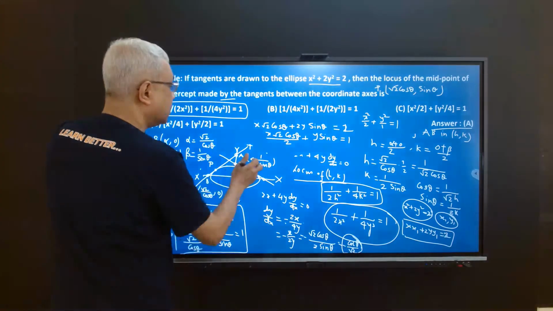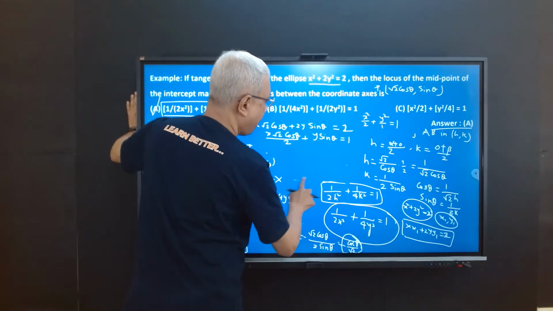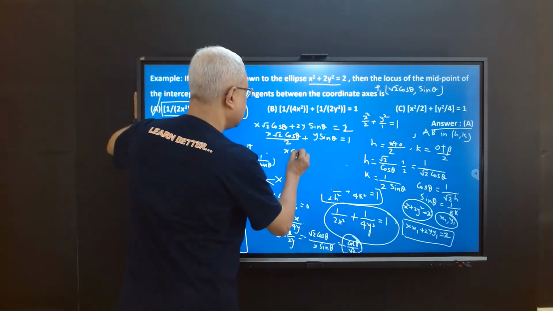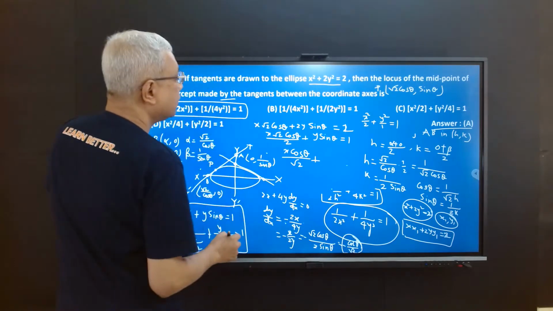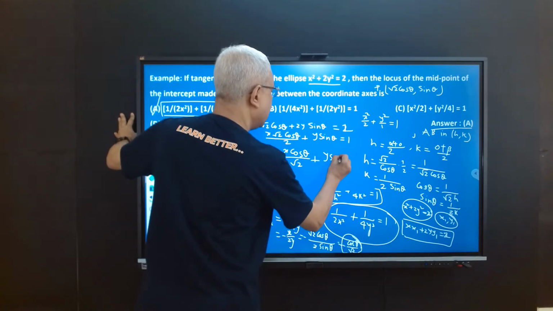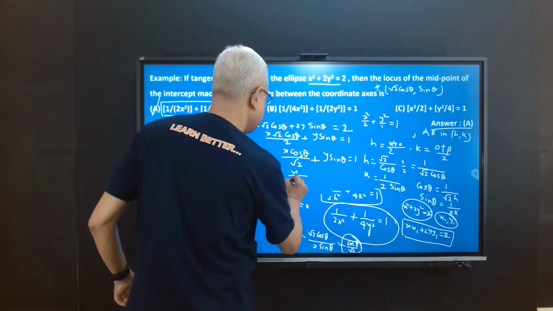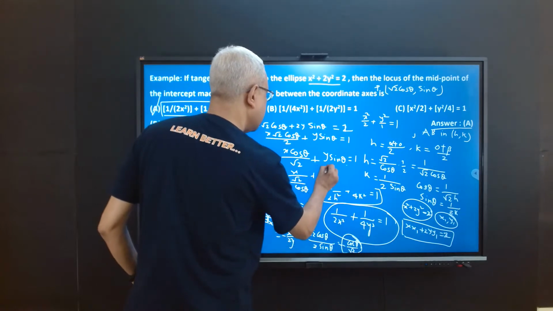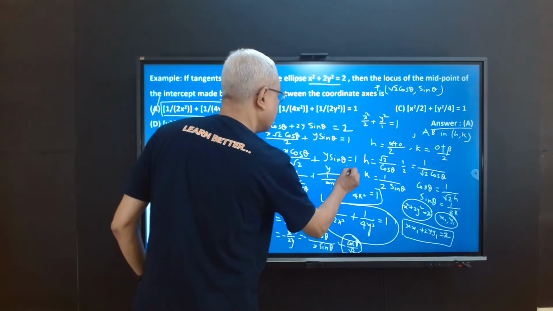I can also write x cos theta by root 2 plus y sin theta equal to 1, or x divided by root 2 over cos theta plus y divided by 1 over sin theta equal to 1.